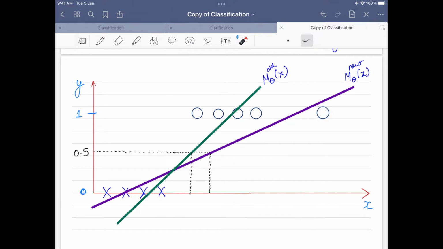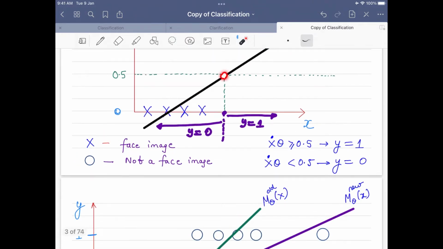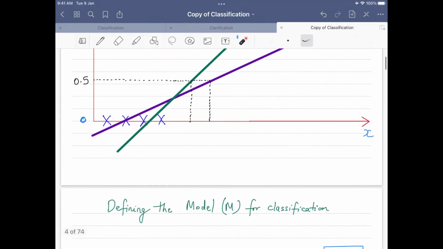The threshold was this point, with value 0.5. Earlier our threshold was this point over here.